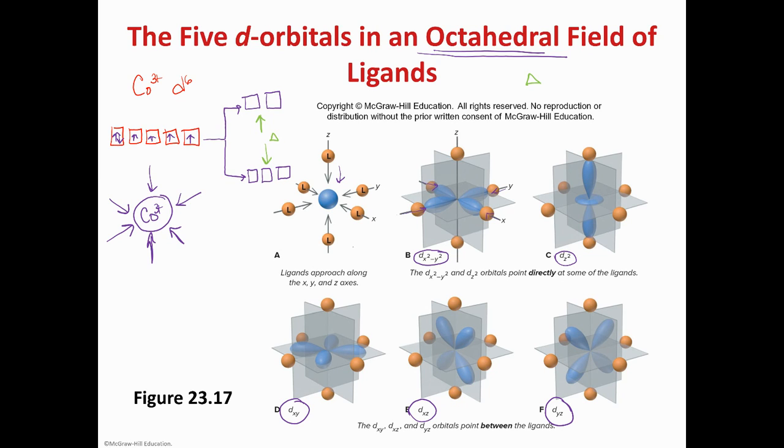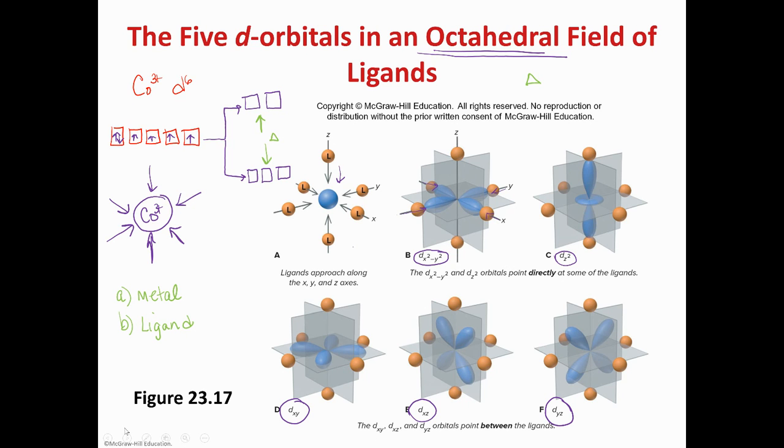Now, what decides how big that gap is? The gap is determined by the metal center and also what the ligand is. So some complexes have a big gap. Some complexes have a small gap.